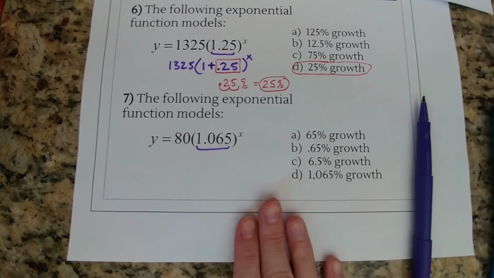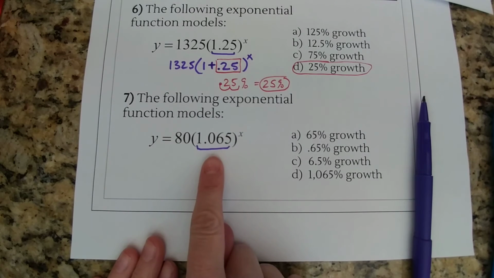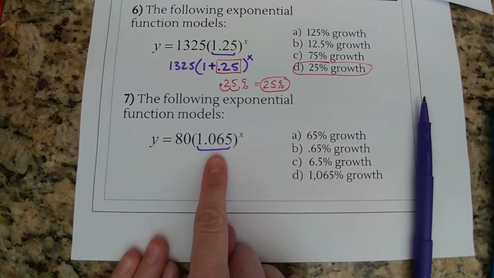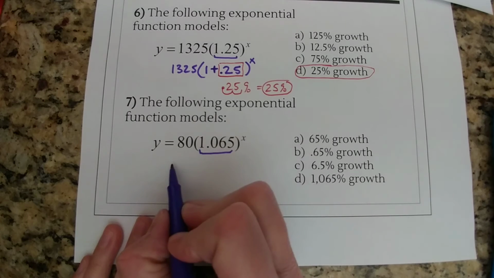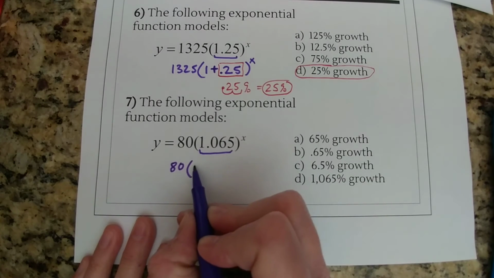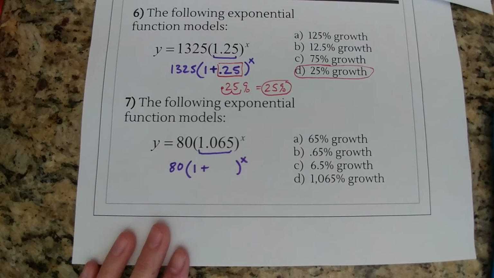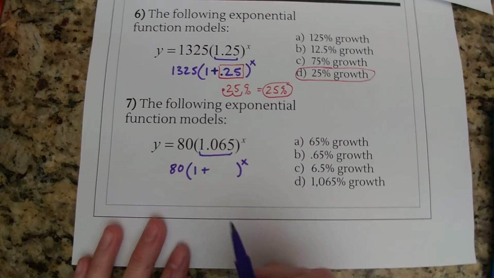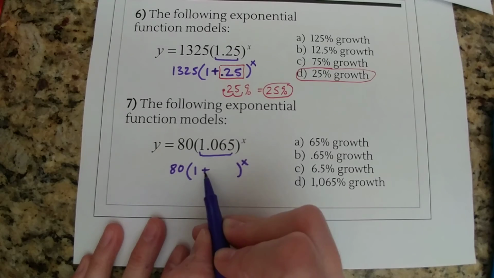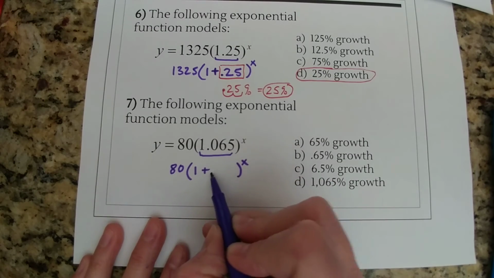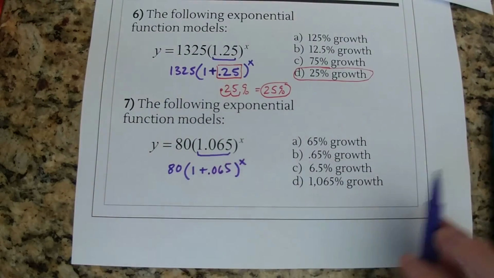Try the second one. So right here, what's the growth? You think you have it? Okay. So remember, this came from 1 plus, must have been 0.065.